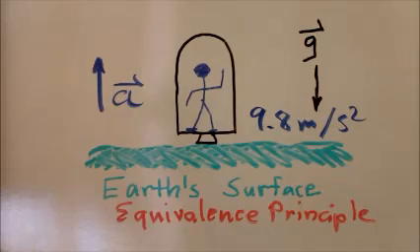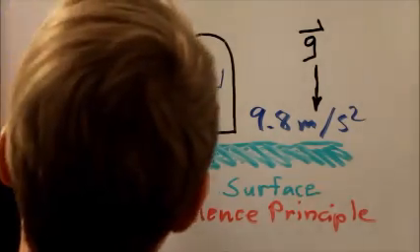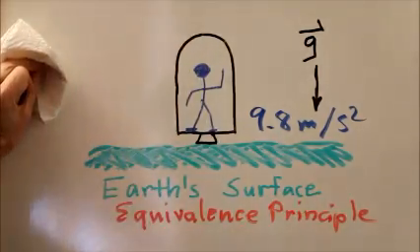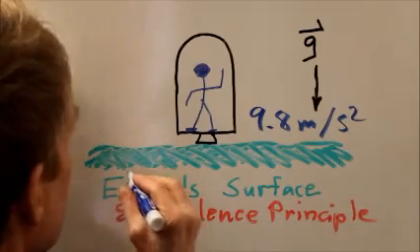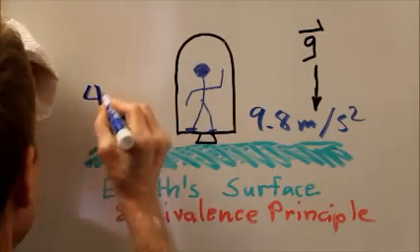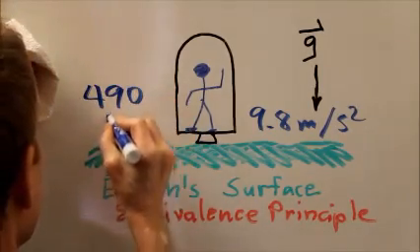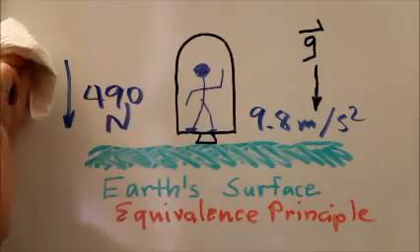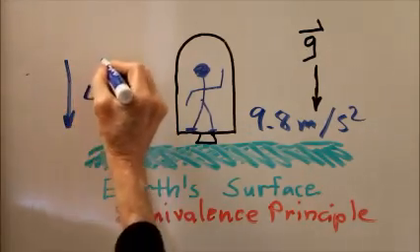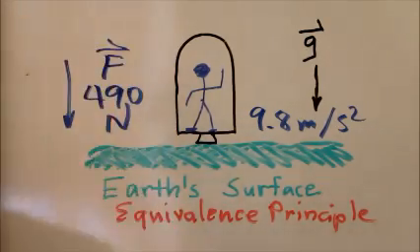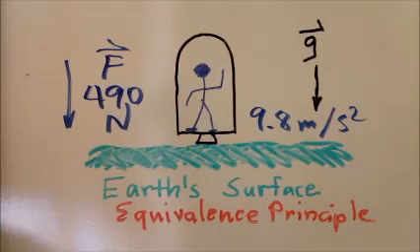Assuming you weigh 50 kilograms, 50 times 9.8 meters per second squared is 490 newtons of force. Force vector goes down. Acceleration vector goes up. But there really isn't any acceleration here. You're just sitting still on the Earth's surface.